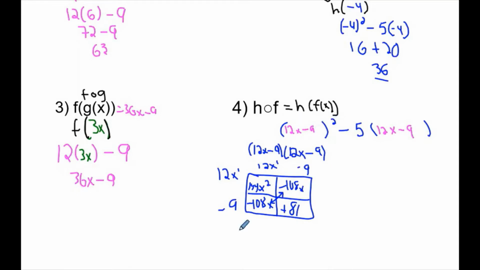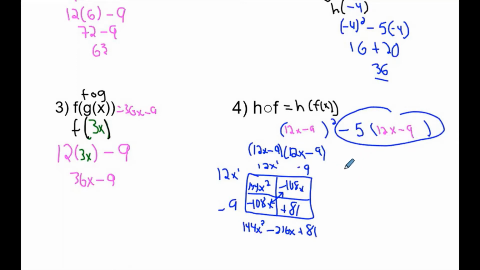So 12x minus 9 squared is 144x squared. My like terms are negative 108 and negative 108, which is negative 216x. And then plus 81. And a lot of students will accidentally think this is the answer, but we never did this part. So now we are going to multiply this together.